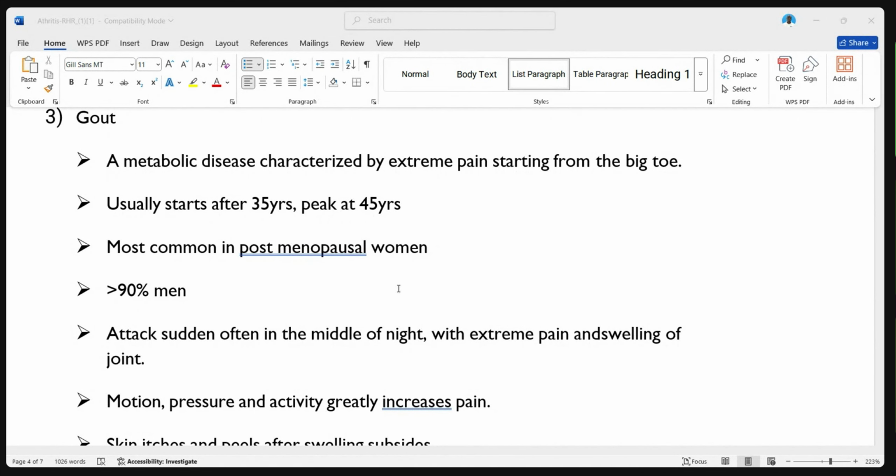And so these crystals are actually accumulating in the specific part of the toe. It starts at about 35 to 45 years, and mostly it's common in postmenopausal women, and majorly there's a sudden attack at night and extreme pain and swelling of the joint as someone ages.